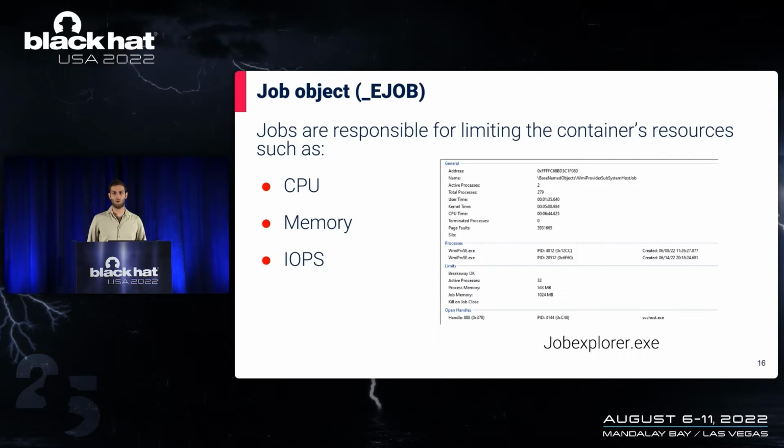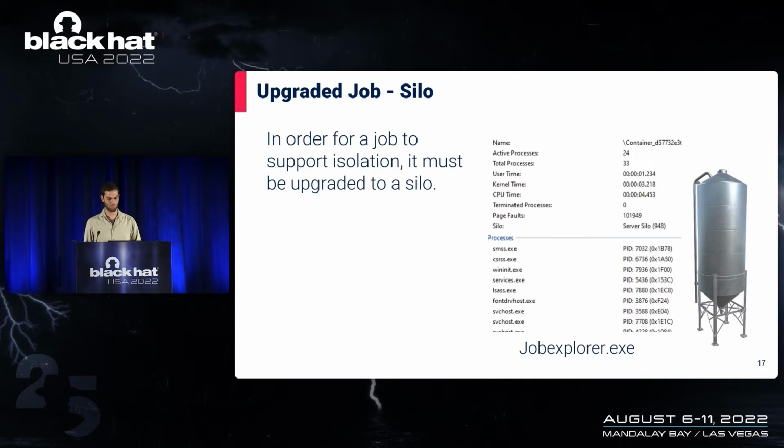But in order to support isolation as well, the job object is required to be converted into a silo. A silo provides basic isolation, but it is not enough for containers, which require much more. So in order to have all these capabilities, this silo has to be converted into a server silo.